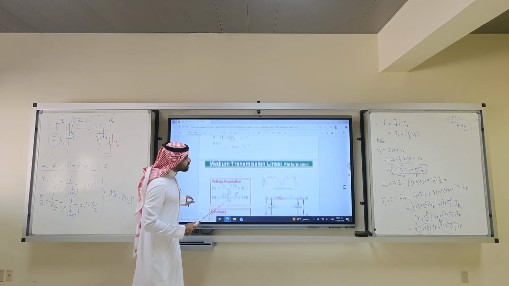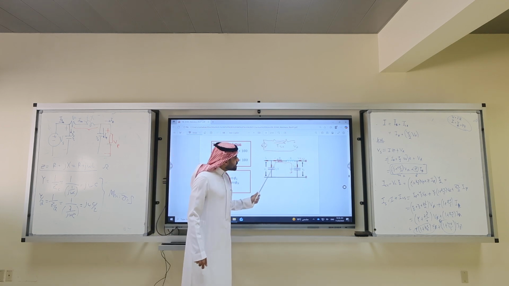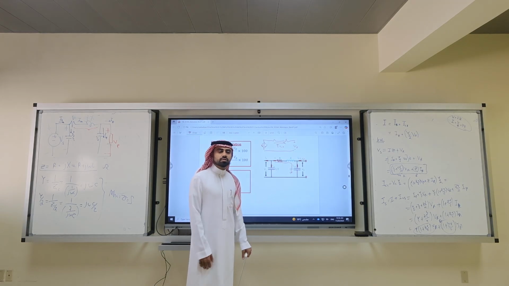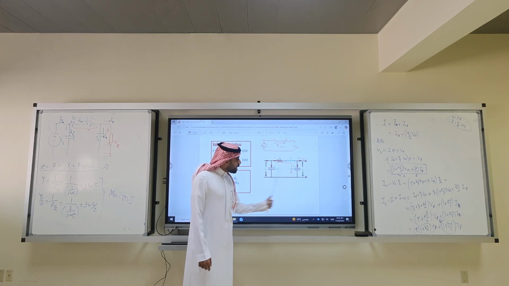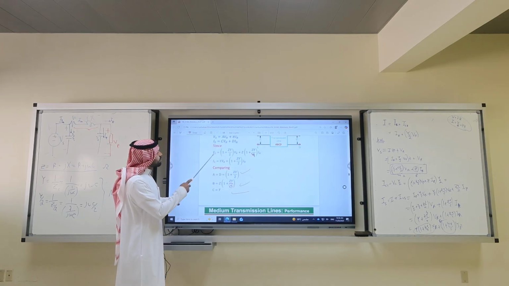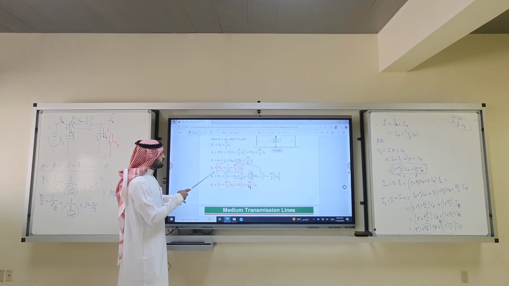So for the medium line at no load, this IR is 0, but this I is not 0. And this is a more accurate model, because it makes sense. At high voltages you should have parallel capacitors. And note that the current through these parallel capacitors, in either model, is proportional to the receiving end voltage.